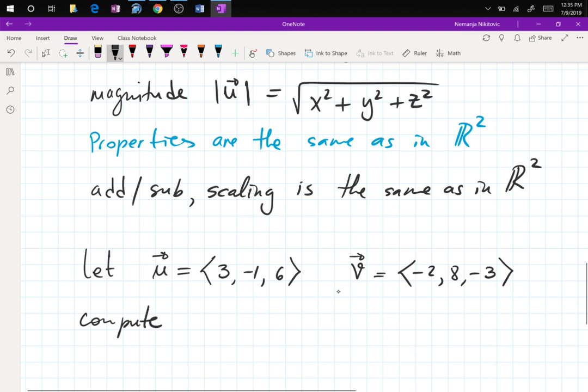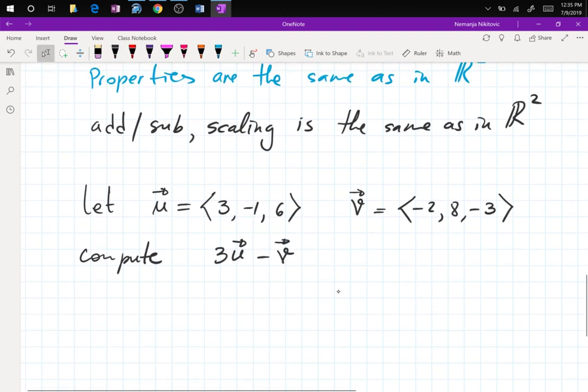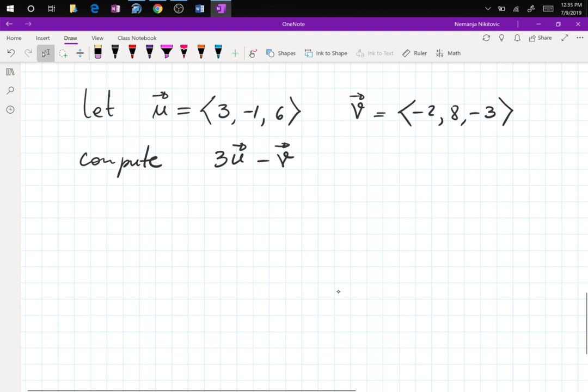Compute 3U minus V. So you just plug in, right?